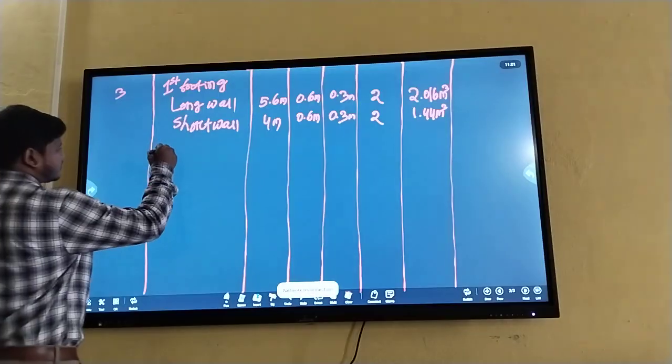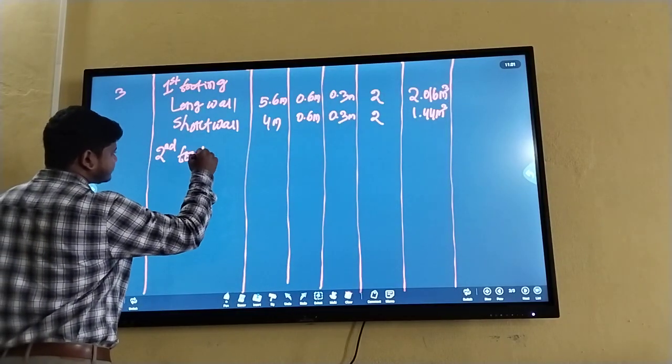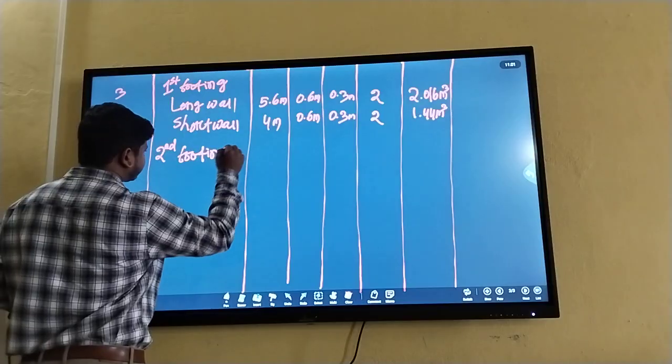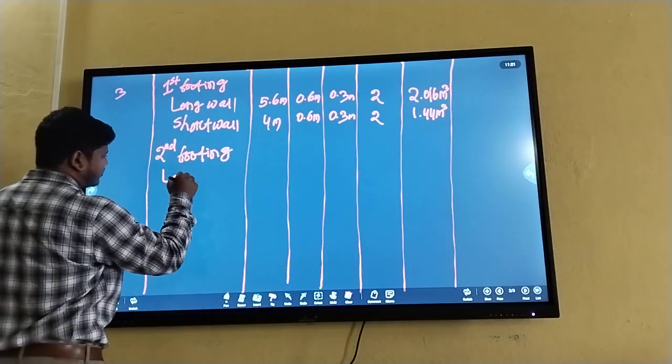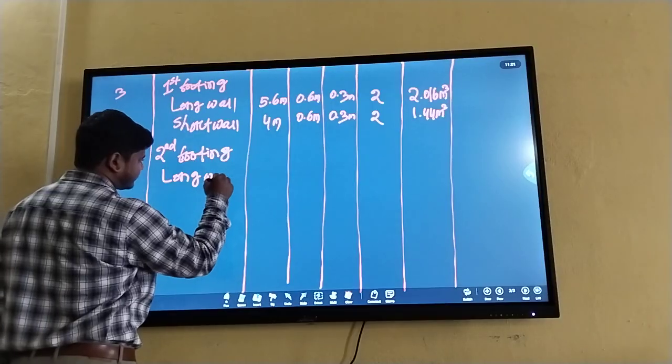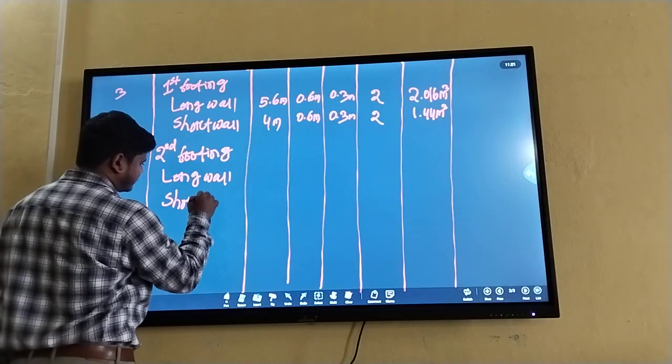Then second footing. Long wall, short wall.